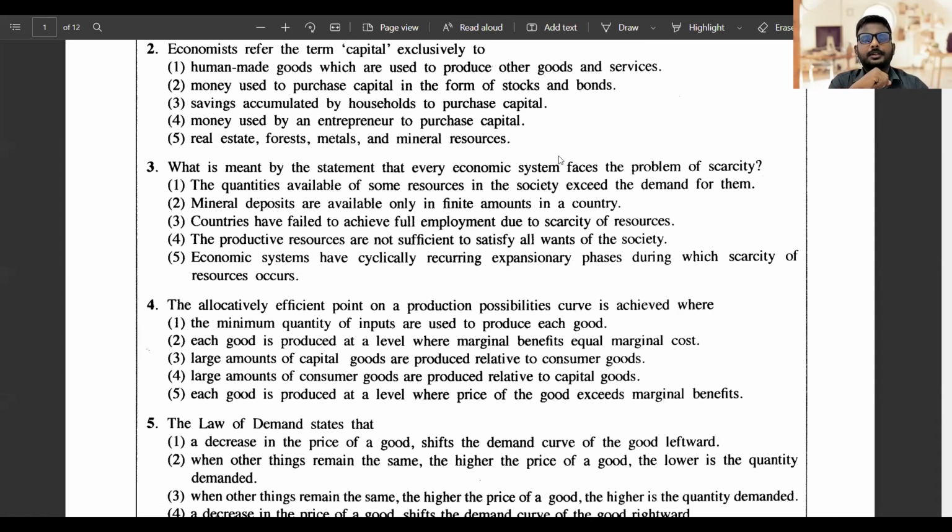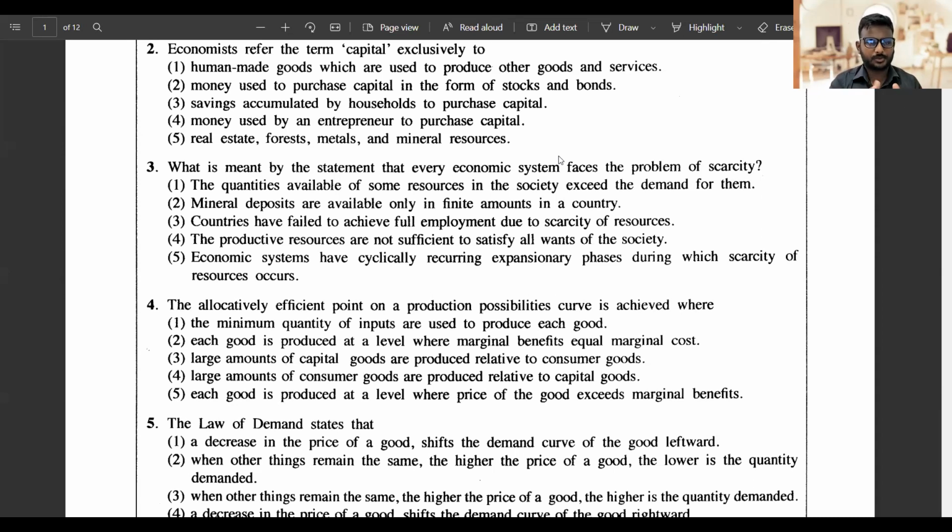Again, without looking at the answers, what is scarcity? Limited resources we have being relatively insufficient, not enough to fulfill unlimited wants. That is what scarcity is. That's the definition normally given for scarcity.